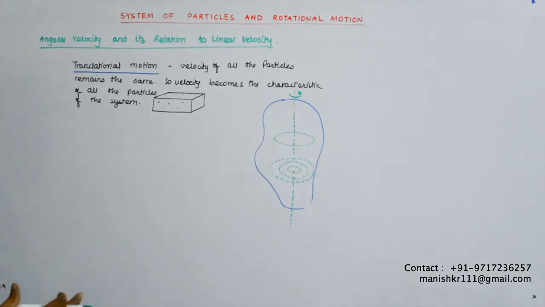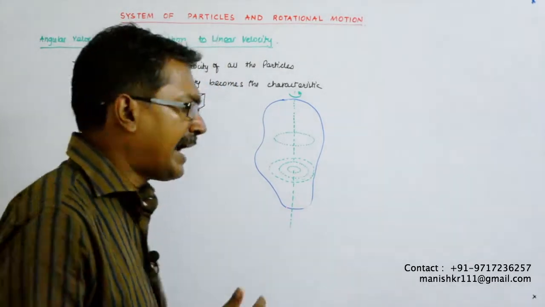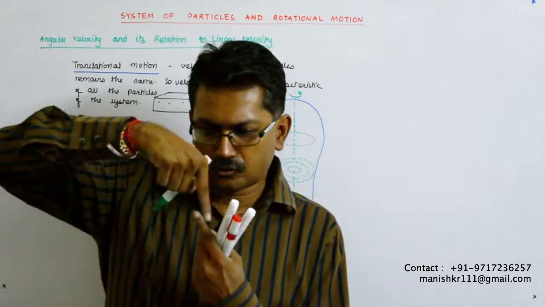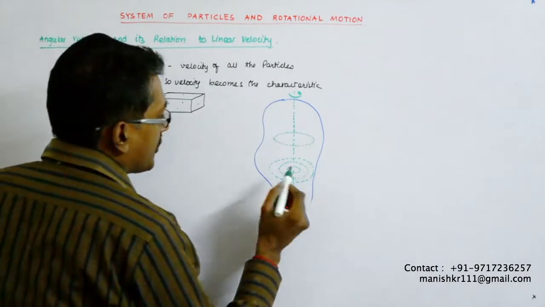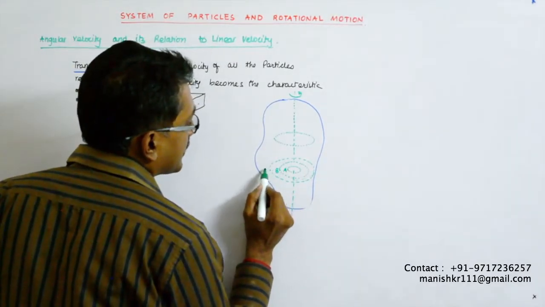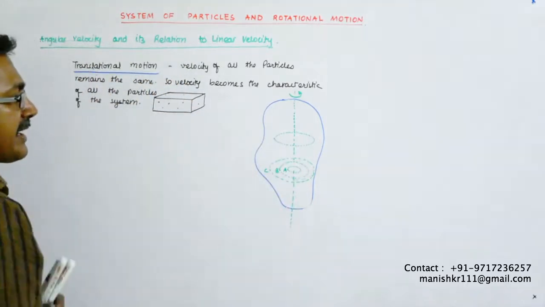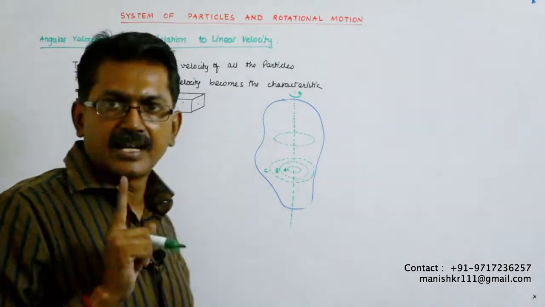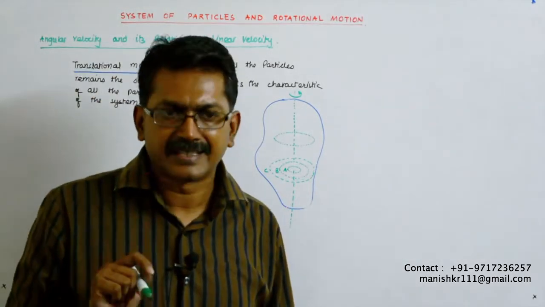These are three particles taking three circular motions, and as it takes one turn, maybe I'll name them A, B, C, and as the whole thing takes one turn, they come back to the same place.